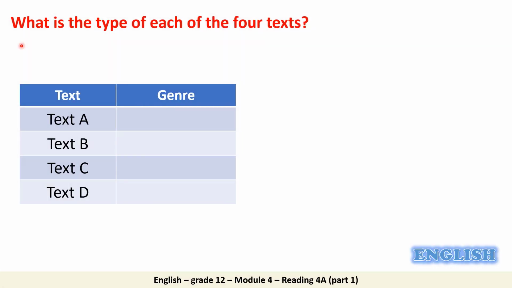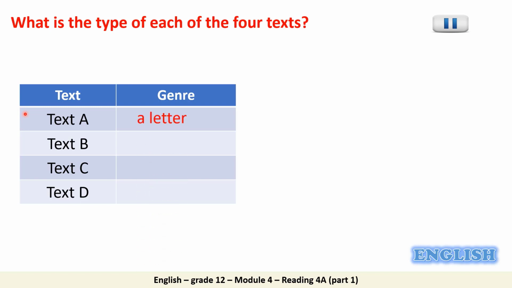For now, I want you to take a look at the four texts on page 52 and decide the type of each. Please pause the video to answer. Well, what type of text is text A?